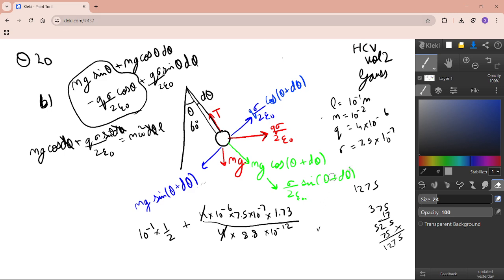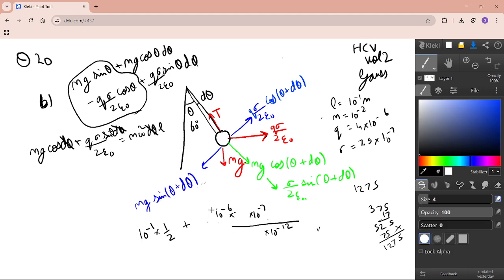We were getting 1.4, right? This is approximately 1.4. I got 1.3 by approximation, but it's 1.4. So 8.8 is 1.4.